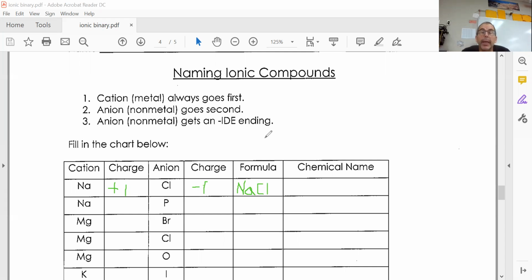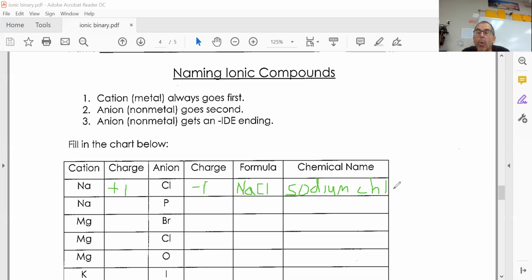The name, I'll do the cation first, which is sodium. And I'll do the anion last, which is chlorine. Now the trick here is that the INE ending gets changed to an IDE ending.